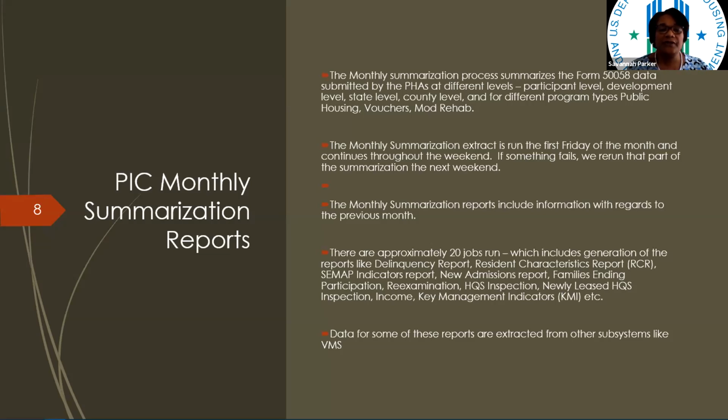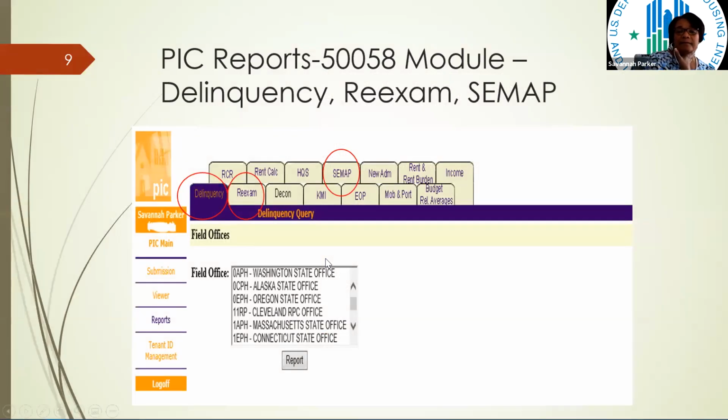But these reports are very important to look at because, as I said, it looks at the reexams that are due, that are going to become delinquent, and the delinquency report also. And then for the Section 8 program, the CMAP indicators report is also updated.